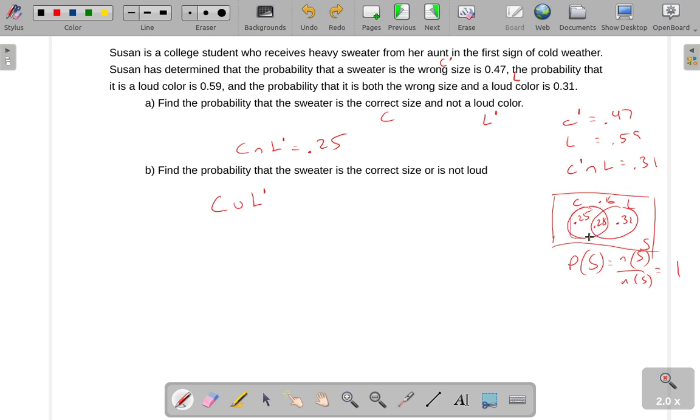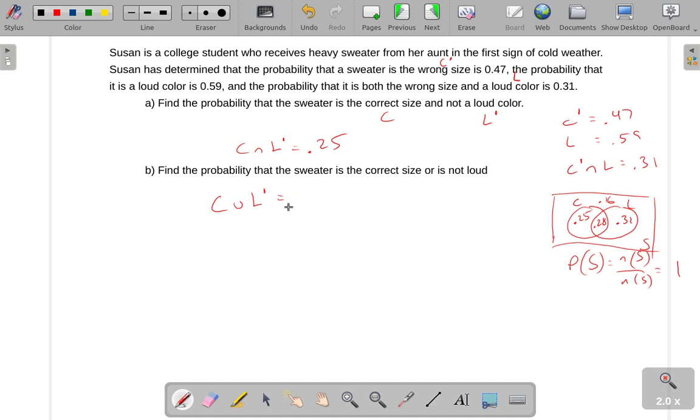With unions, you go the opposite way. You start off with C, and then you add on additional stuff, L complement, the stuff that's out here. So C union L complement is everything except for this one region.